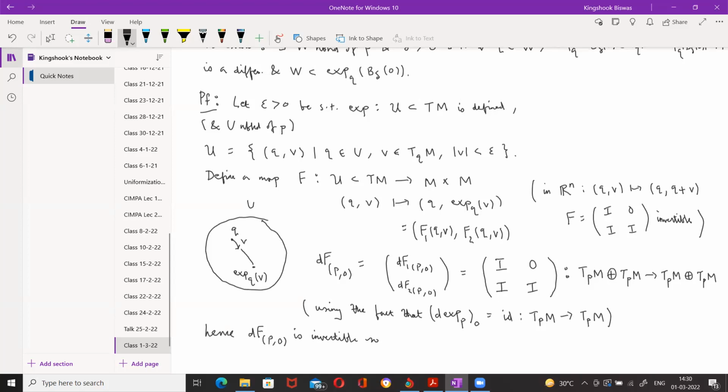So by the inverse function theorem, there exists a neighborhood U prime of (P, 0) in TM.